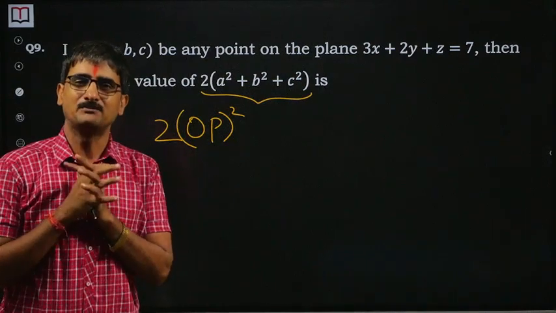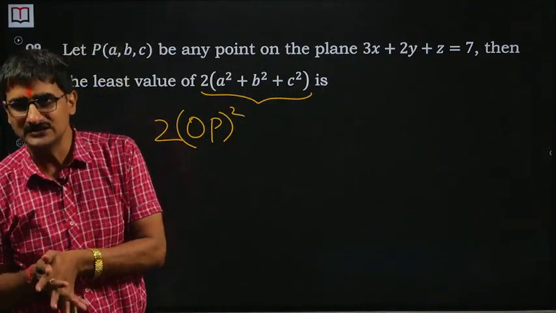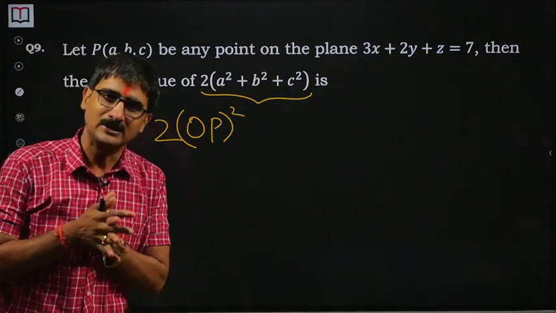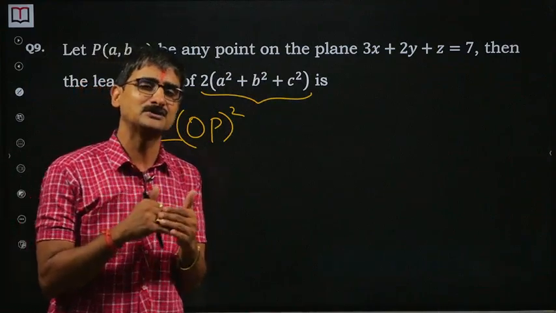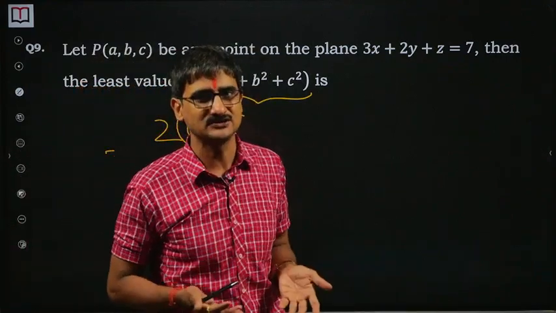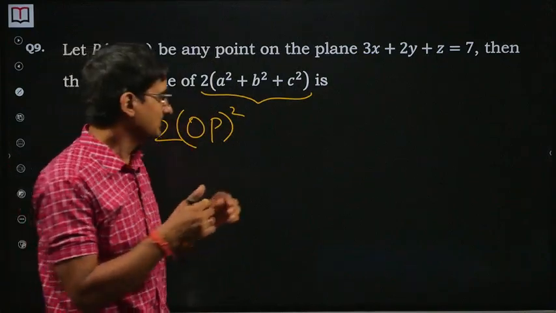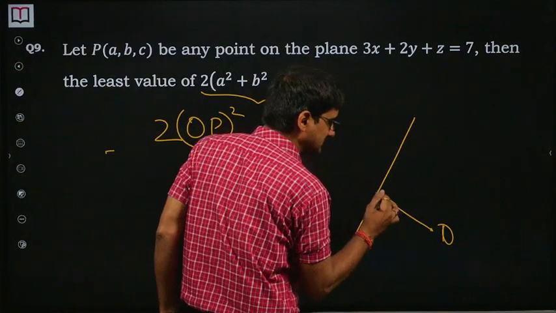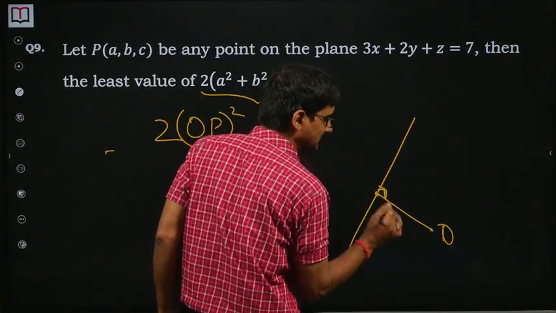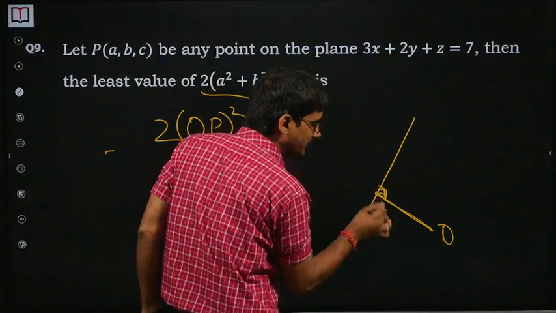So the point (a, b, c) should be on the plane of course, but also on the line which is perpendicular to the plane and passing through the origin. So if that's the plane and this is the origin, that's the minimum possible distance.